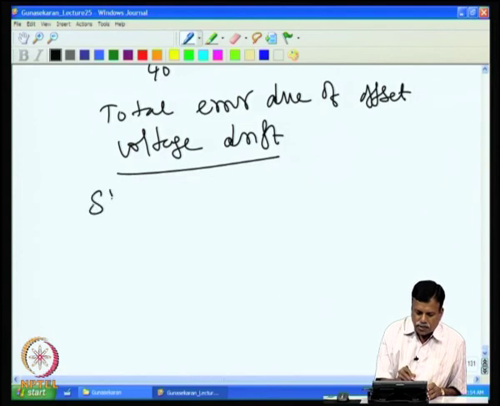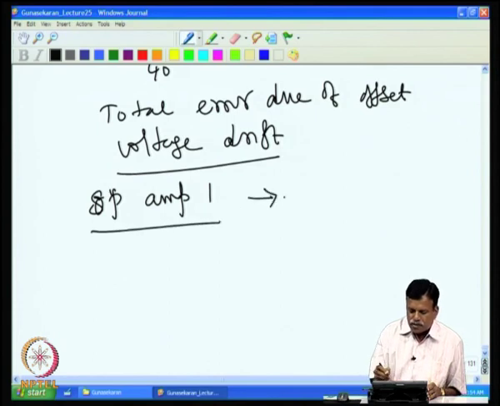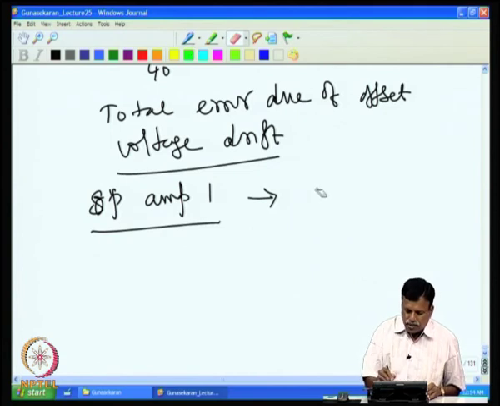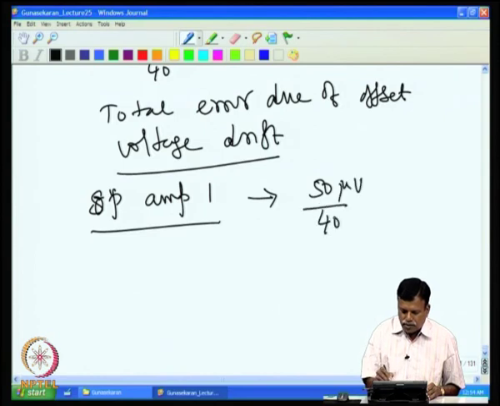Stage 1, op amp 1. Here the offset voltage drift error comes to 1.5, say 0.5 microvolt op amp were used. So, total drift is 50 microvolt divided by 40 microvolt per degree C, that comes to 1.25 degree.